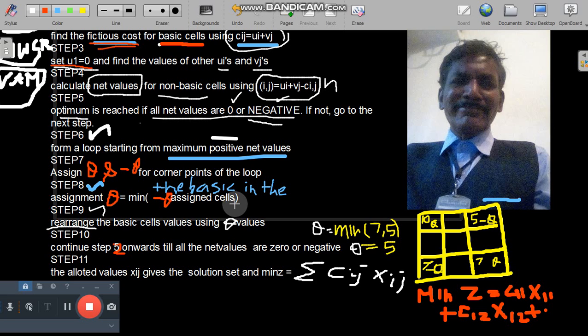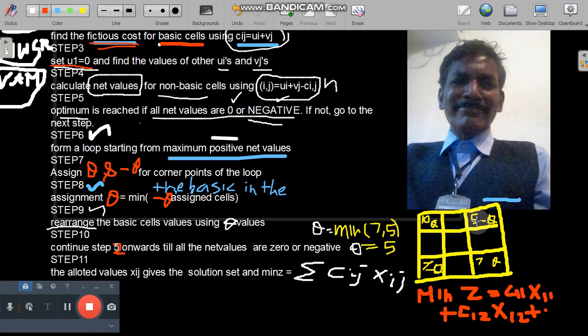That's what the mathematical people have found out: calculating non-basic values, calculating net values, calculating fixed cost, and checking the net values whether all are zero or negative. If all are zero or negative, that's all. We cannot move further. If any net value is positive, then you have to make a loop from the maximum positive net value. Then we assign theta and minus theta.